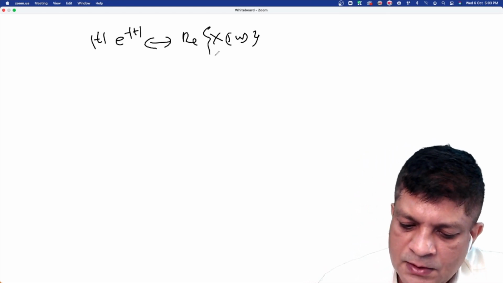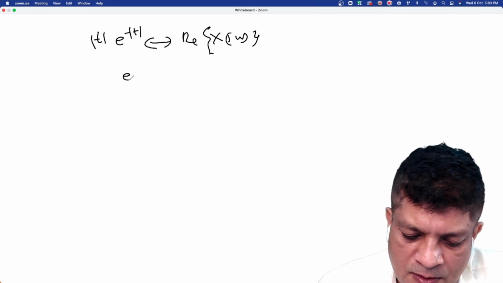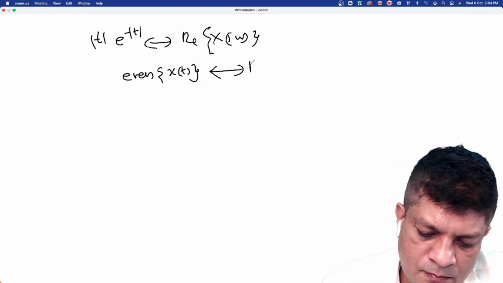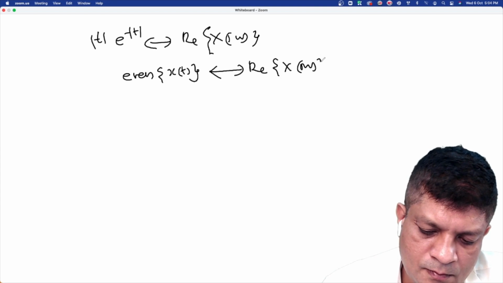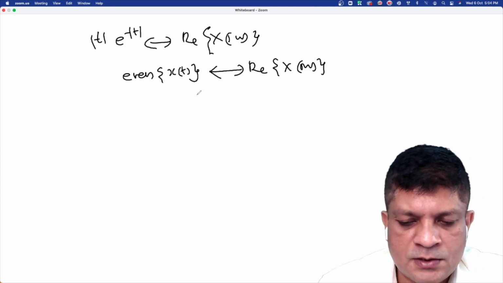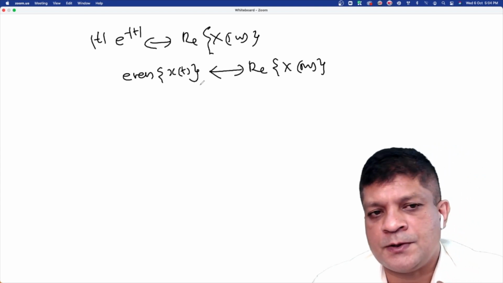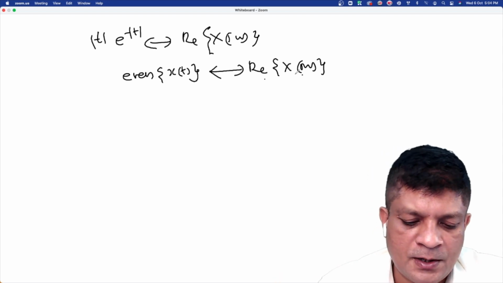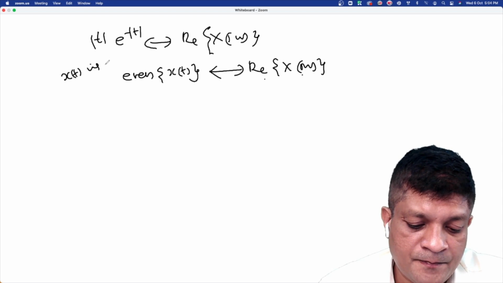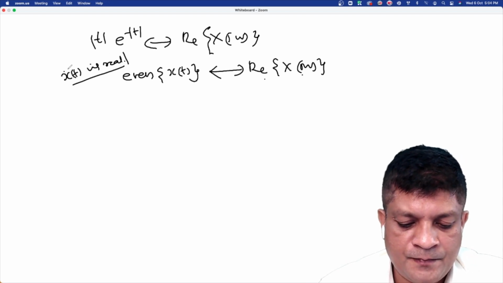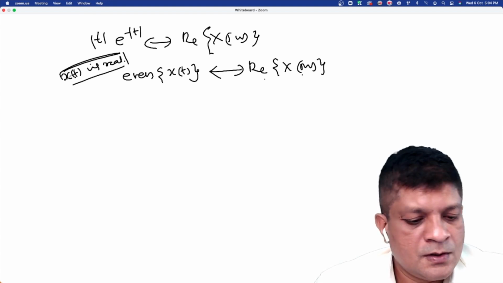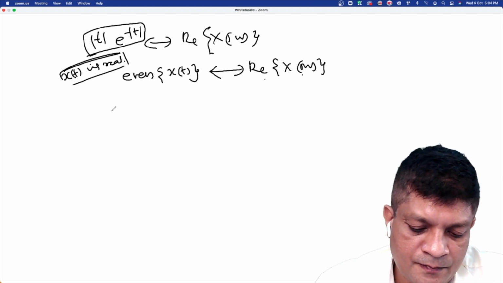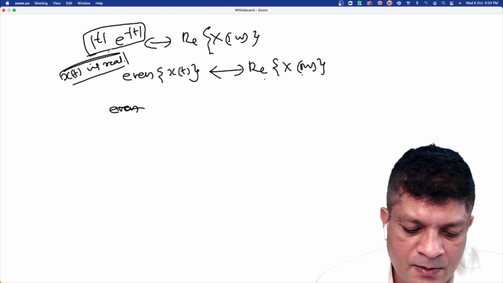So we have seen for a real valued signal, that is what we proved for the previous question, that the even part of xt and the real part of X(j omega) form a Fourier transform pair if xt is real. Since it is a real valued signal, so this is what? The even part of xt.